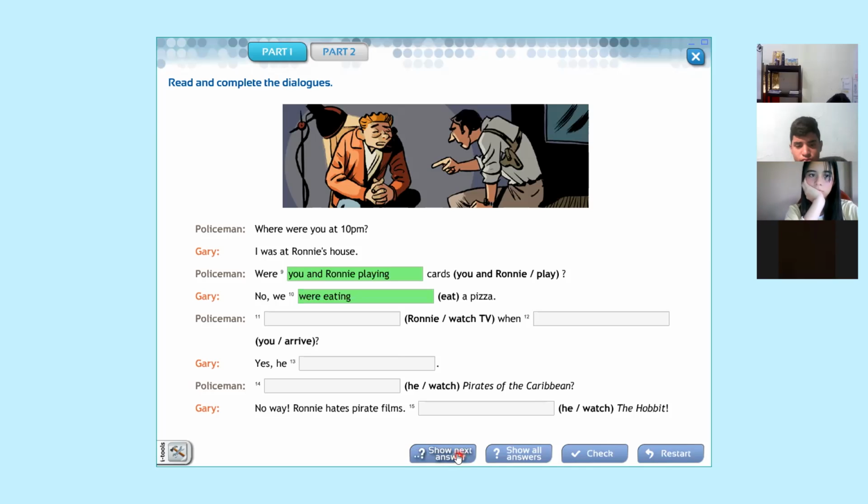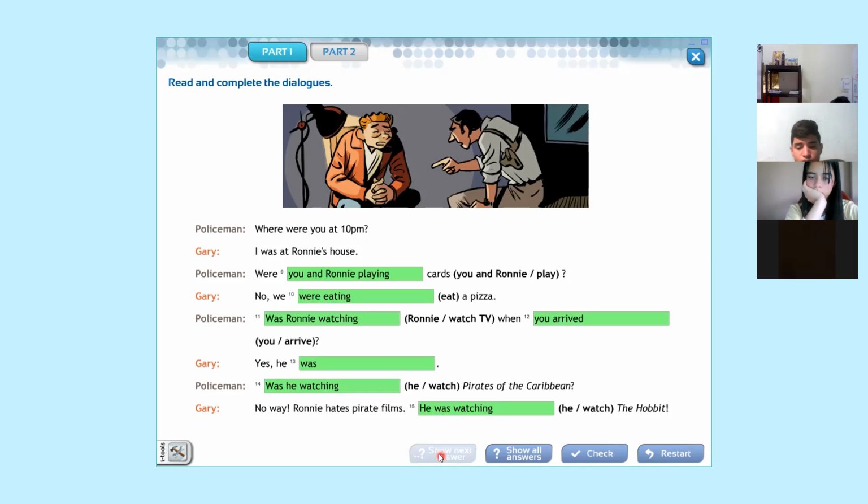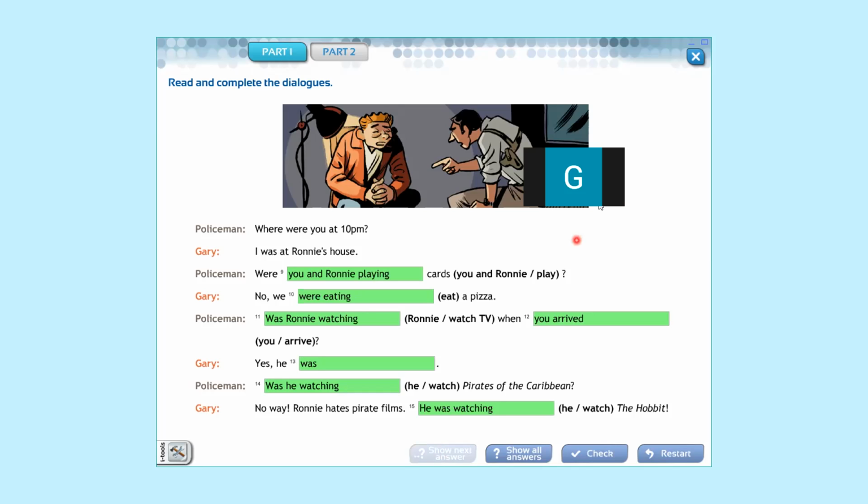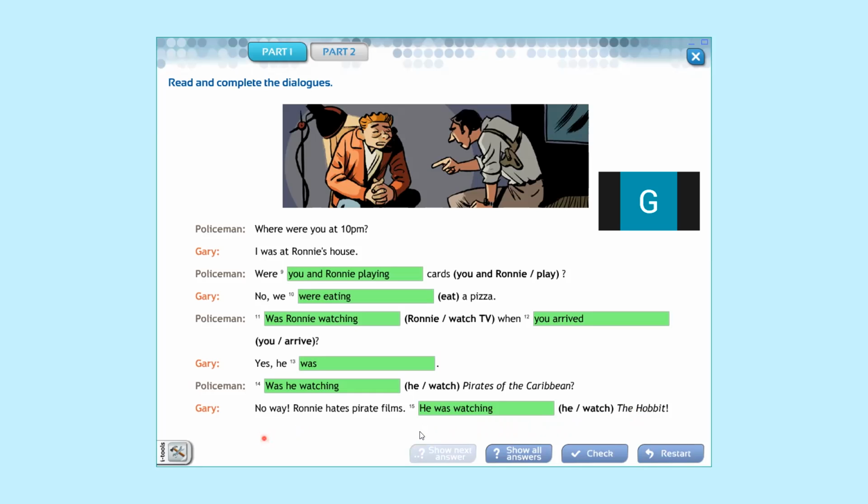Policeman: Was Ronnie watching a film when you arrived? Gary: Yes, he was. Policeman: Was he watching Pirates of the Caribbean? Gary: No way. Ronnie hates pirate films. He was watching The Hobbit.